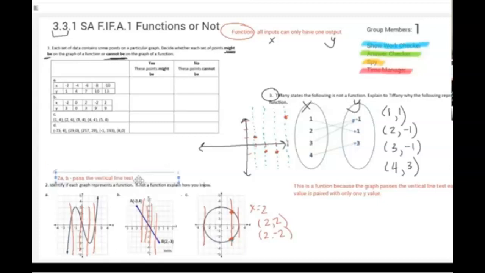Now I see our functions. Ooh, that was really blurry. Okay, and then 2C does not pass the vertical line test.